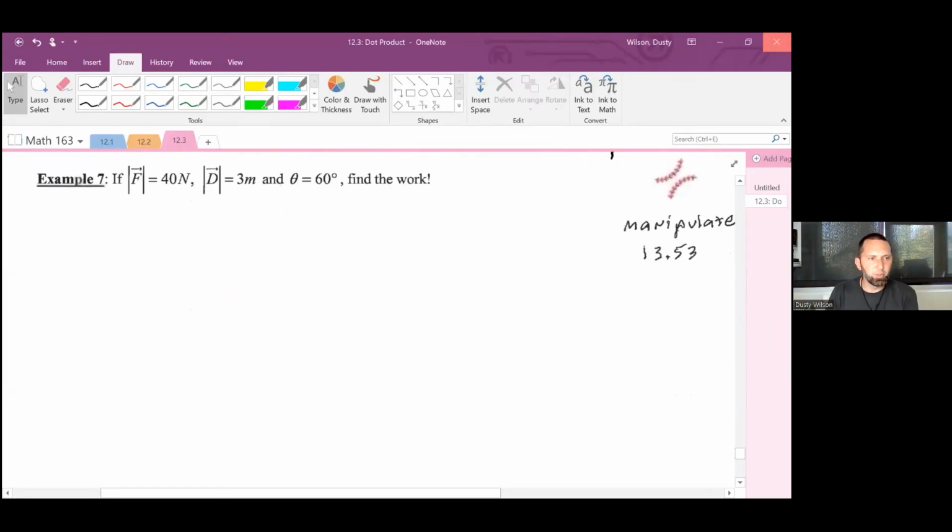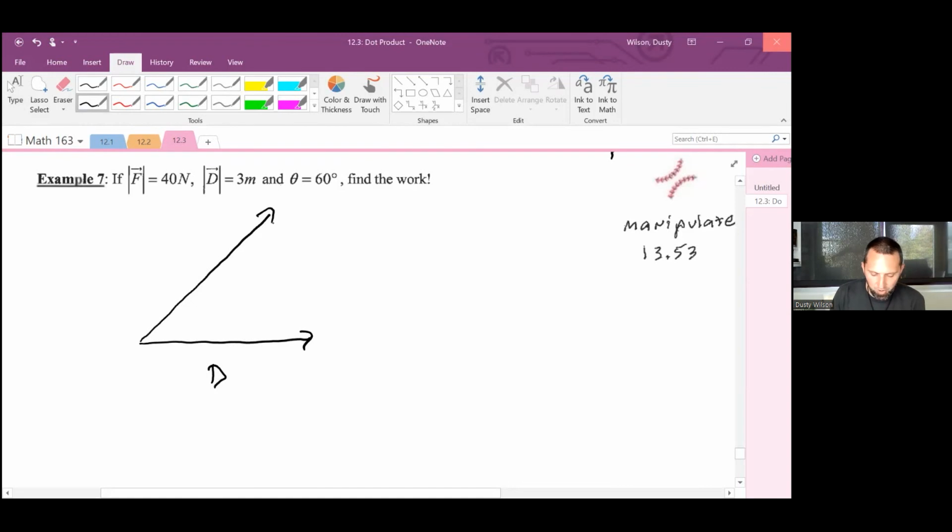So let's do a simple example here. If the magnitude of our force is 40 newtons and the distance that we are going to travel is 3 meters, and the angle between the two is 60 degrees, we want to find the work done. So maybe we think about this as follows: we're going to travel a distance of 3 meters.